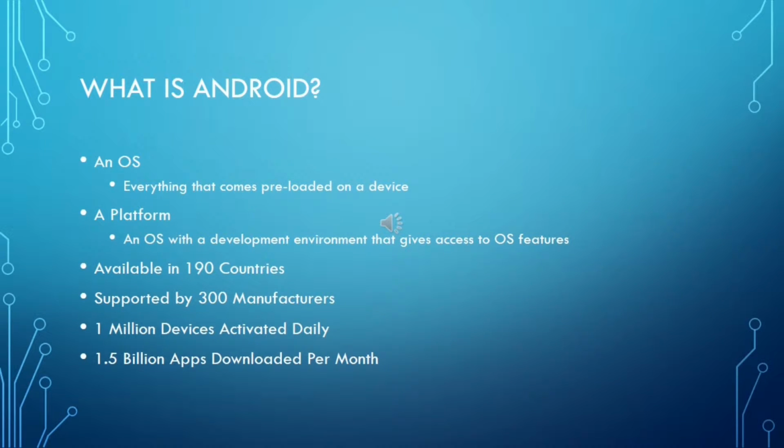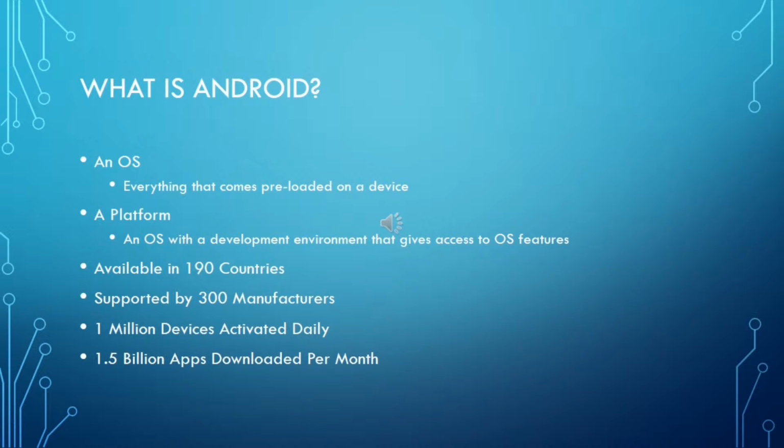Now that we're downloading the tools that we need, let's talk about what Android is. Android is an operating system. That is everything that comes preloaded on a device. It's everything that comes on your phone when you first purchase it, or everything that is already on your tablet when you first buy it. Android is also a platform because it's an operating system, but it also gives us a development environment where we can access the features of that operating system.